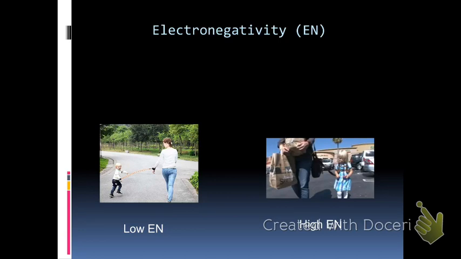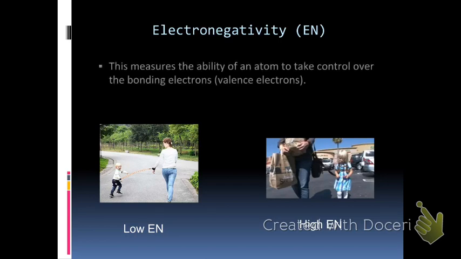All right, electronegativity. I'm going to give you a definition. It's the ability of an atom to take control over the bonding electron. So it's basically the ability of the nucleus, the positive charge, to control its valence electrons. So here we have a kid who's farther away. A kid who is farther away is harder to control versus a kid that's closer.